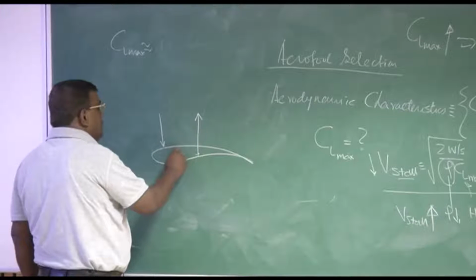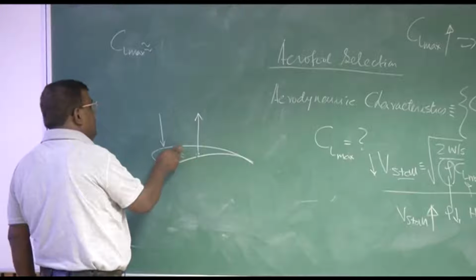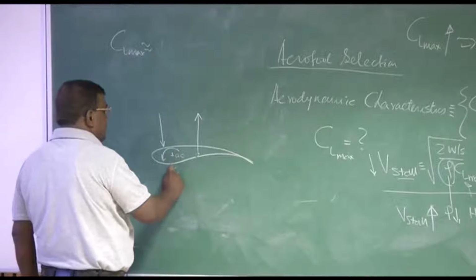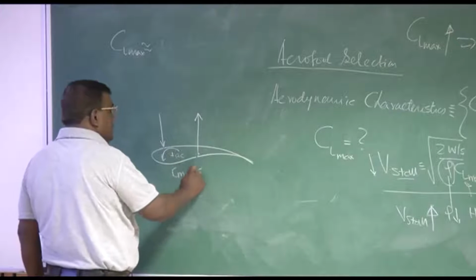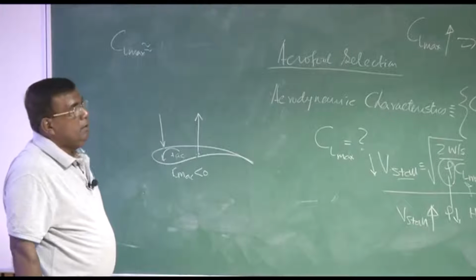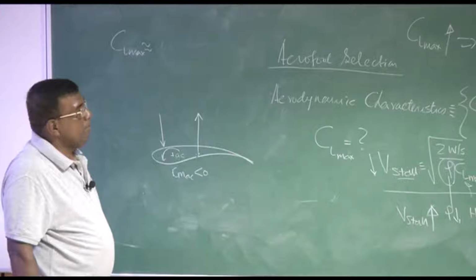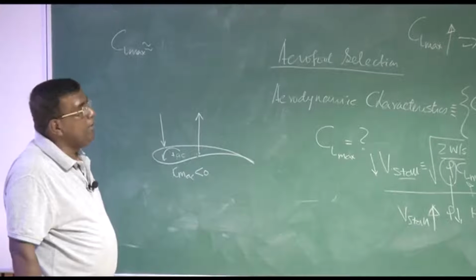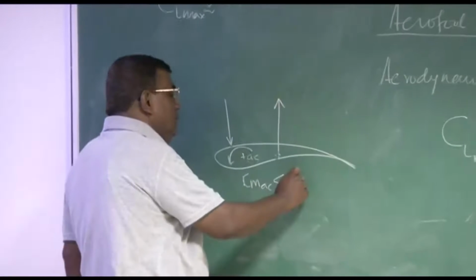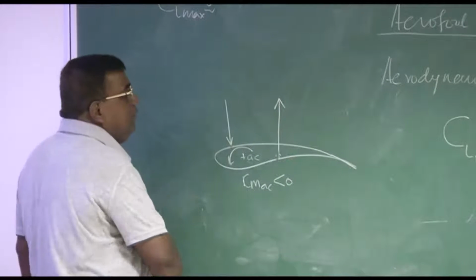So about the aerodynamic center, when you want to shift these forces to the aerodynamic center, it will have CMAC negative. That is one challenge you have to handle, CMAC negative. More and more camber you are giving, CMAC will become more and more negative. What is the issue of CMAC being more negative?